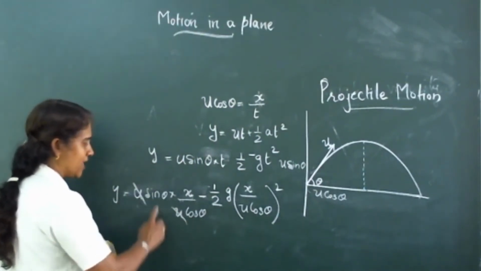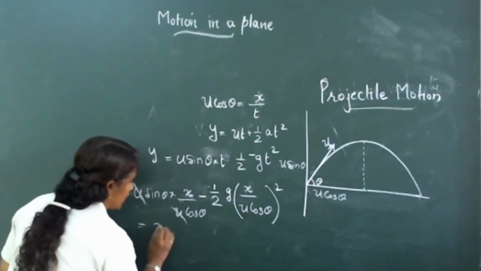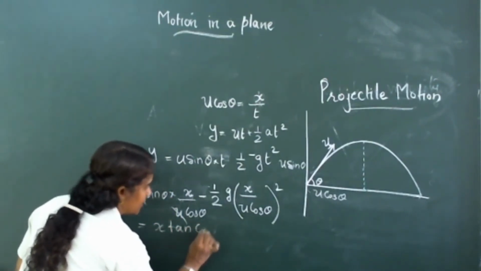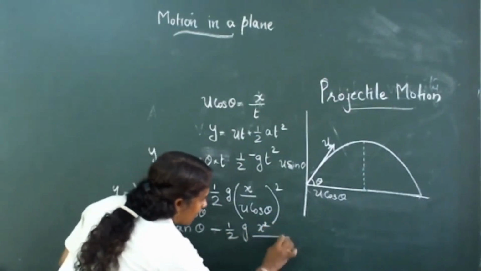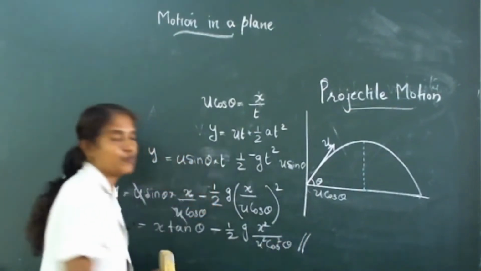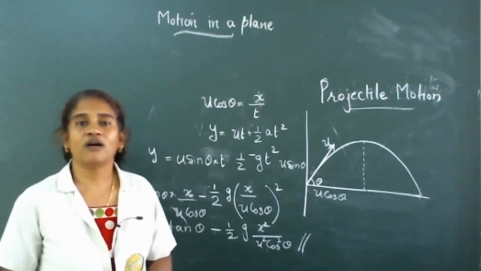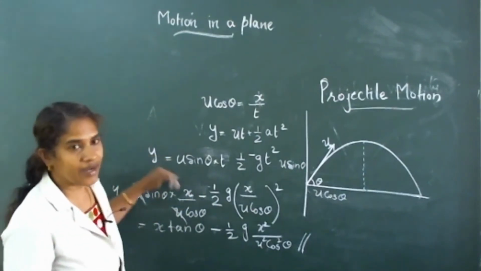U and u cancel, sin theta by cos theta becomes tan theta. So, the equation is x tan theta minus half g x square by u square cos square theta. This is the expression for trajectory. Okay, it has to be studied.